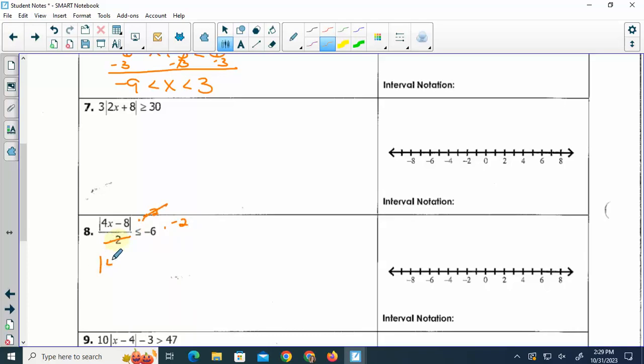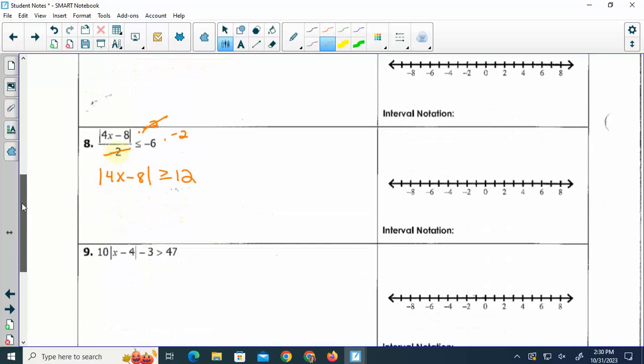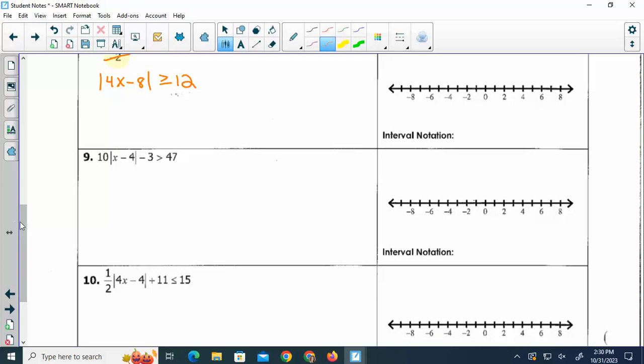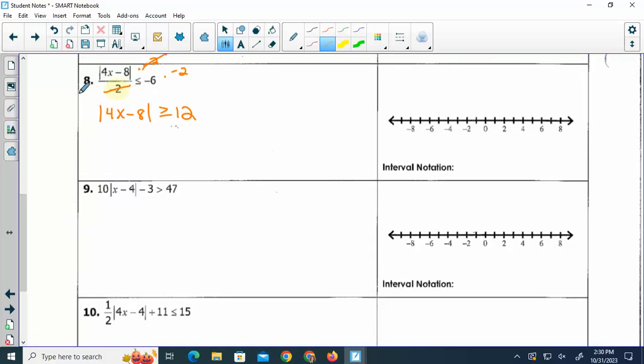Okay, so I have the absolute value of 4x minus 8 is now greater than or equal to a positive 12. When you are trying to decide if it's an and or an or, it's based off this point when the absolute value is by itself. So this is a greater than, so it is an or statement.